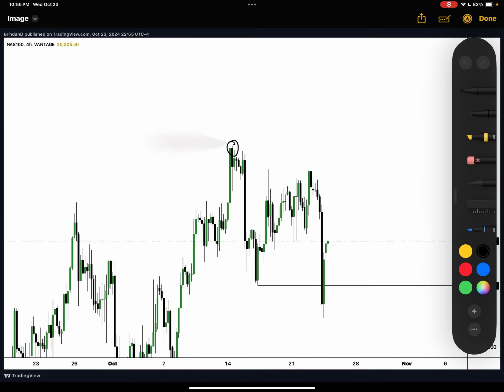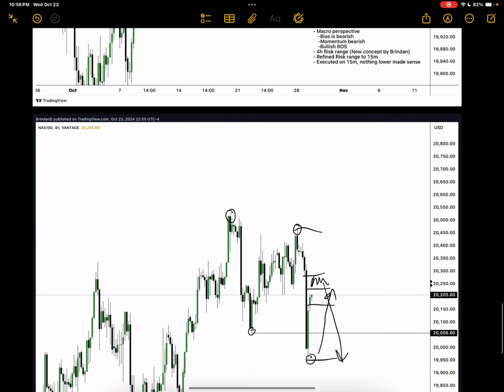Now that we have high, low, high, potential low, we have a range here. I'm looking for this pullback, and immediately what stands out to me is 50% here. If you saw those two black lines on my TradingView, I'm looking for a trade in this region inside of this risk range here. We'll see if it plays out, and ultimately this will be another swing trade if it does. The first target would be that low, but that's not my ultimate target, and I'm not going to share that. But without any other blabbering, that's the trade setup.